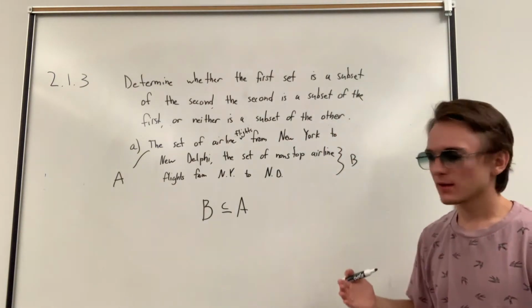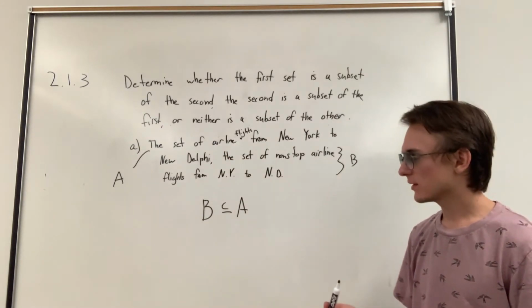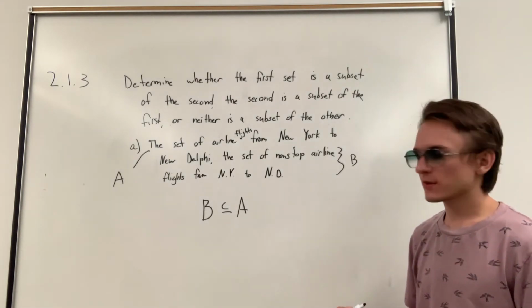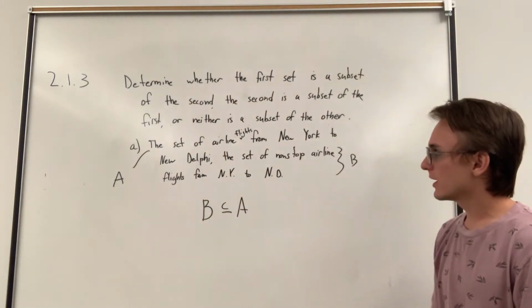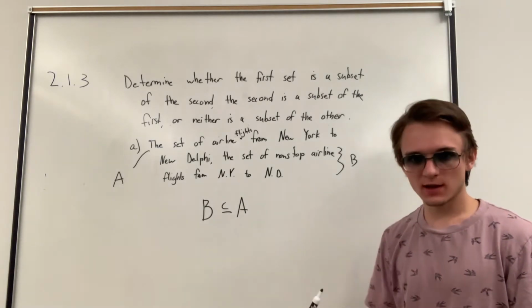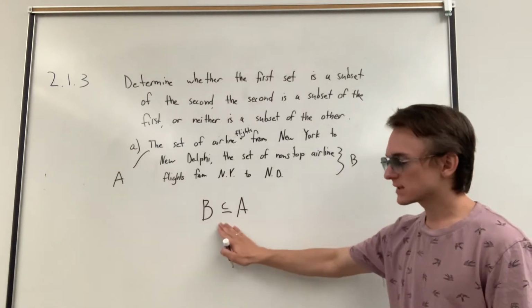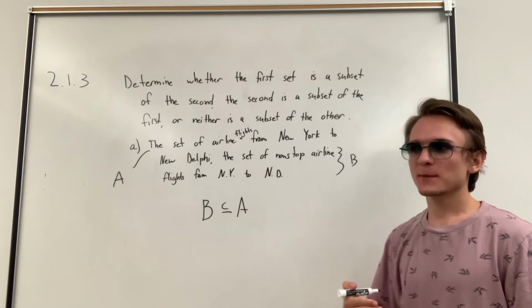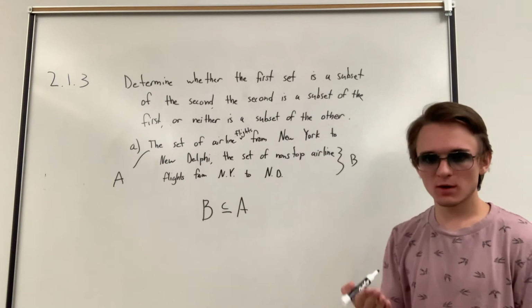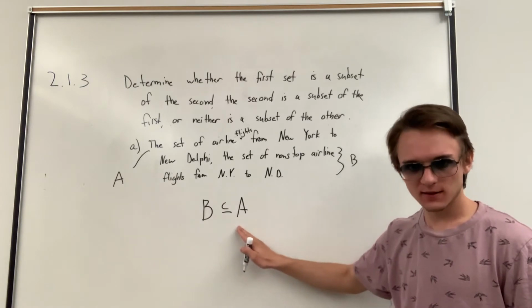So it could be that all of the flights between New York and New Delhi are nonstop, in which case B would equal A. However, it's also possible that there are some flights from New York to New Delhi that have stops, in which case B would be smaller than A, which is why we're saying that B is a subset of A. So this subset symbol means that B could be the same size as A, it could have the same elements, it could be the same set, but it could also be smaller than A. There could be some flights that are missing from B, but that A contains.